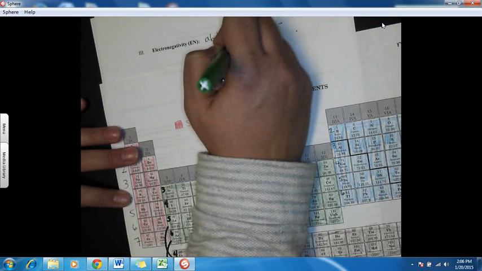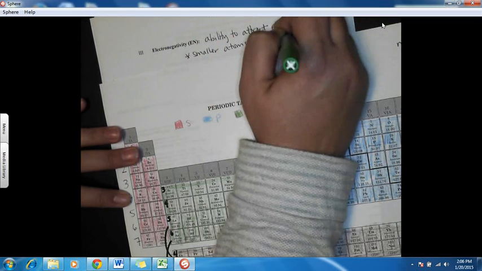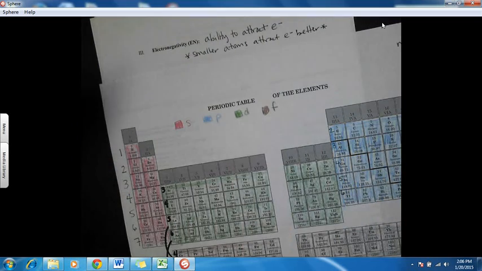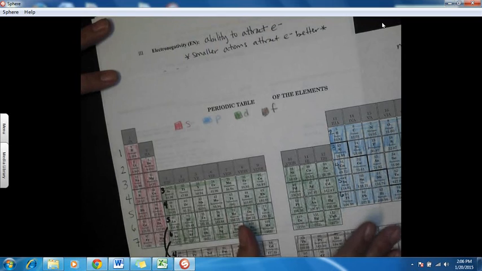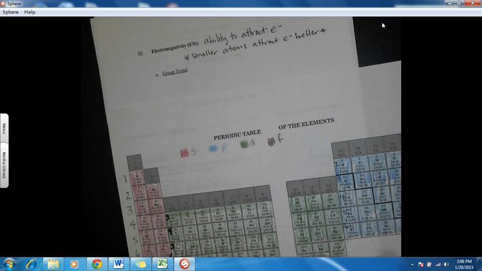Smaller atoms can attract electrons better. And again, that's because their nucleus is more able to put forth that attractive force for those electrons. Electrons can feel them better because there's not so much space between them.